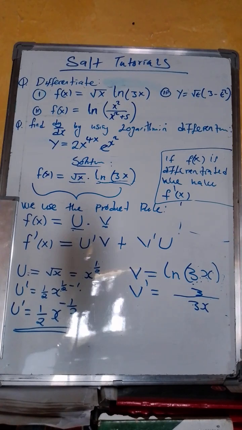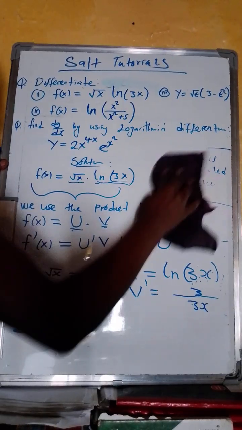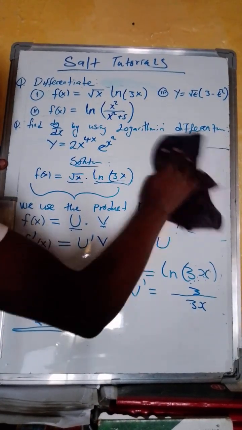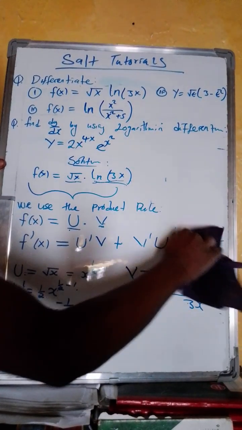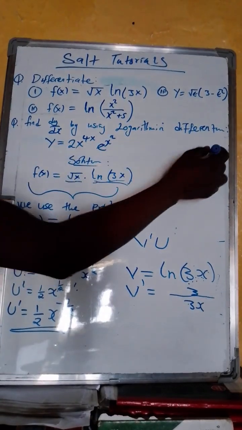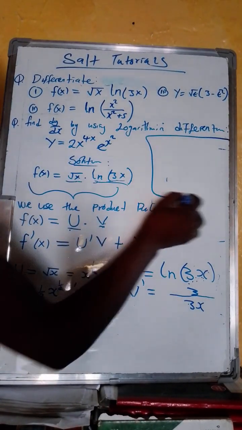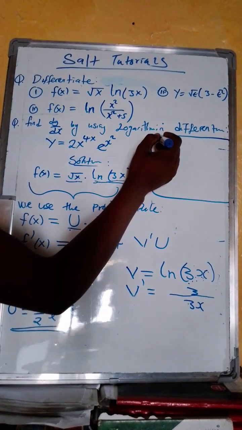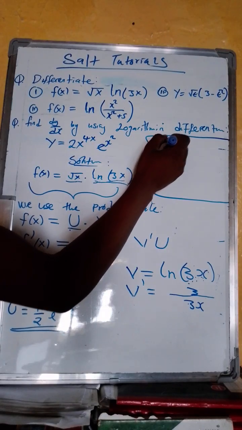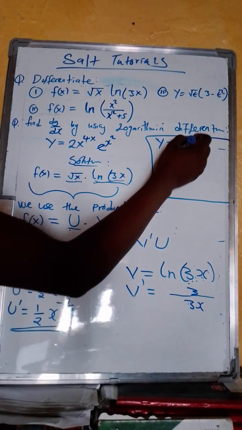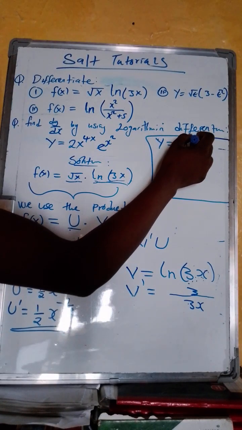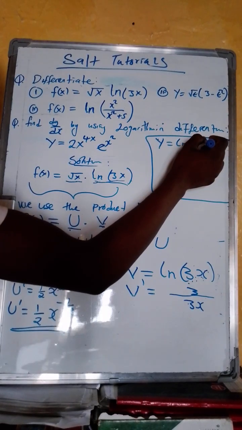So what do I mean by that statement? Let me take note. What I'm trying to indicate here is that if I have, let's say, y equals the natural log of, in the bracket inside the log, a certain function.